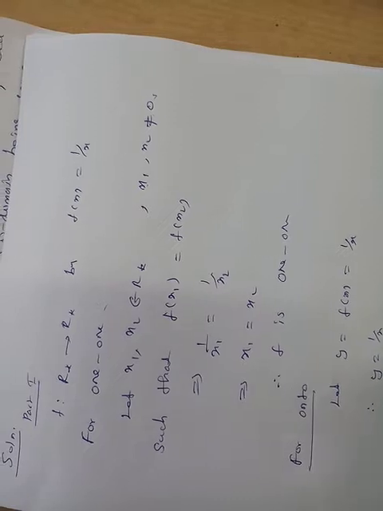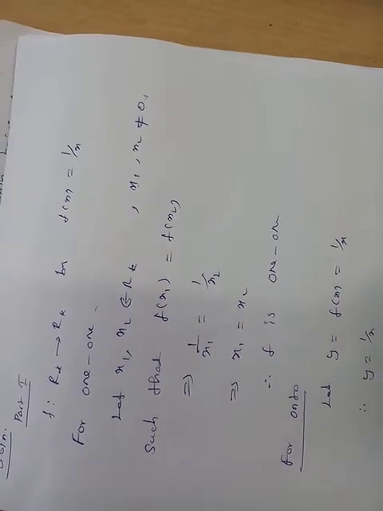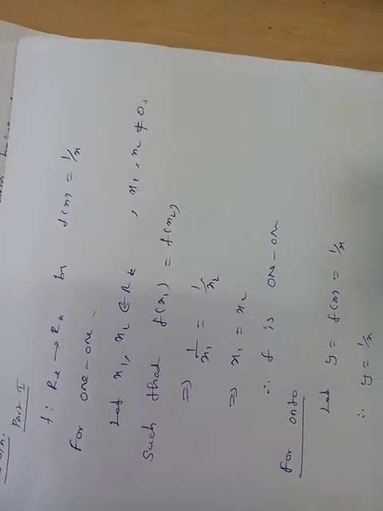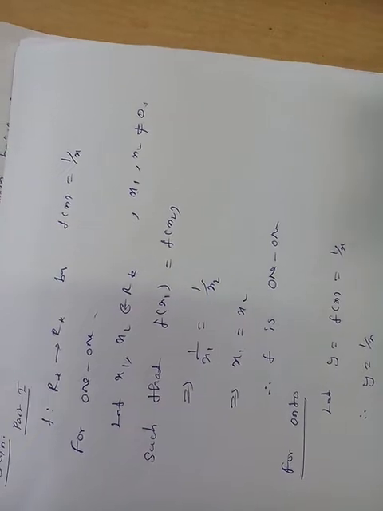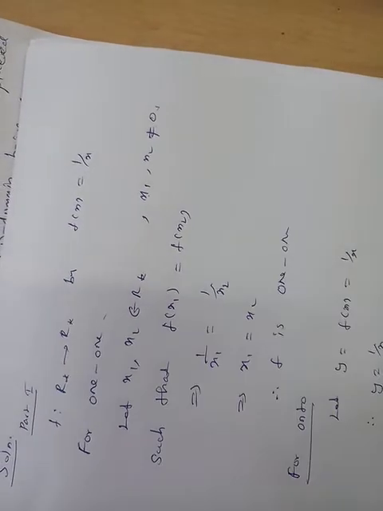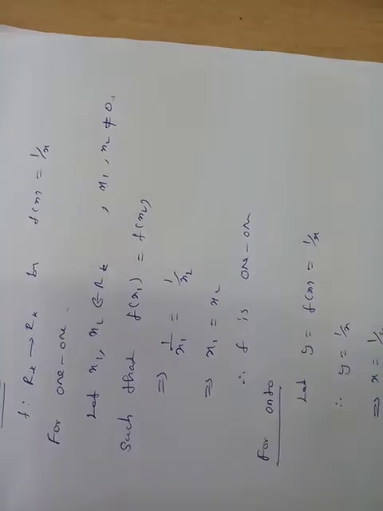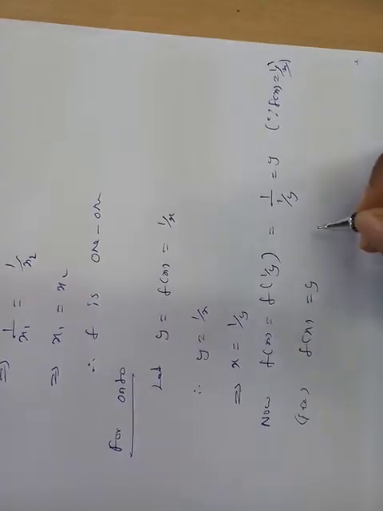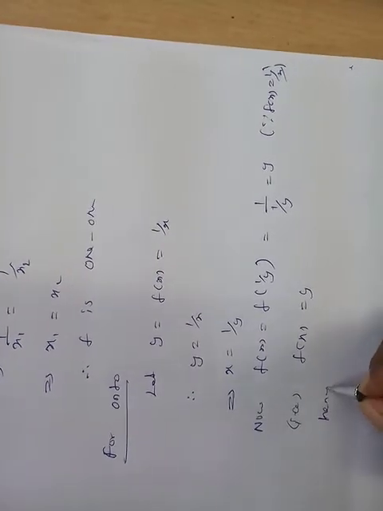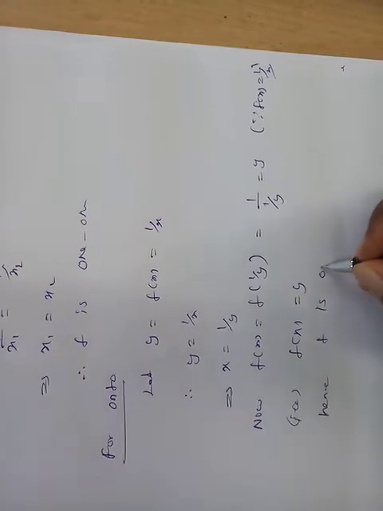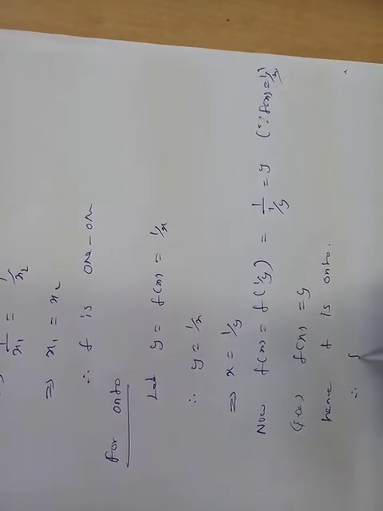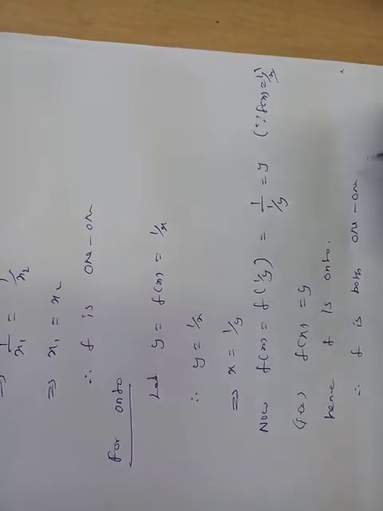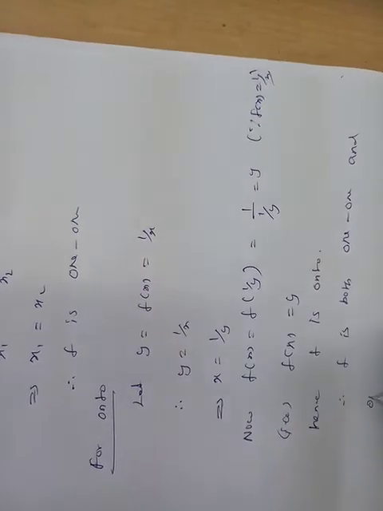Now f of x is equal to f of 1 by y is equal to 1 by 1 by y, which is equal to y. Hence f is onto. Therefore f is both one-one and onto.